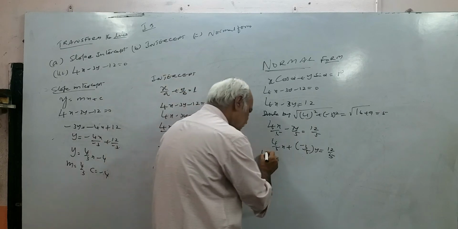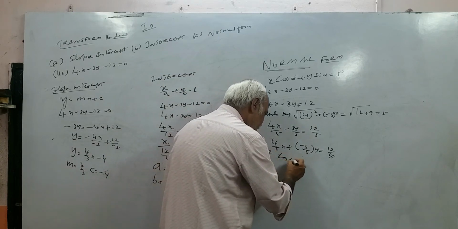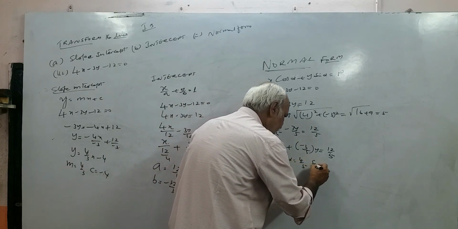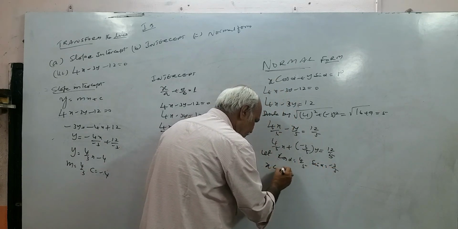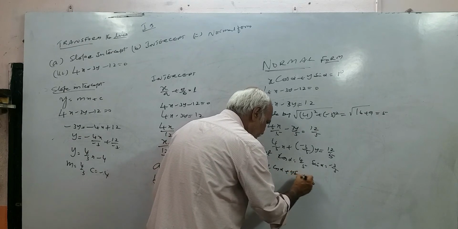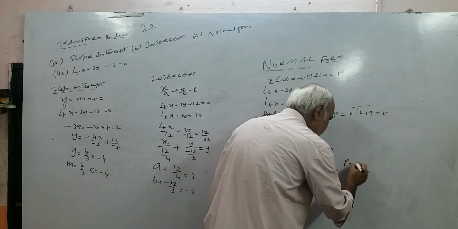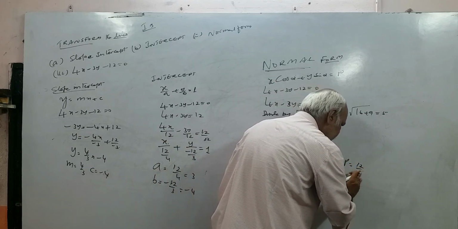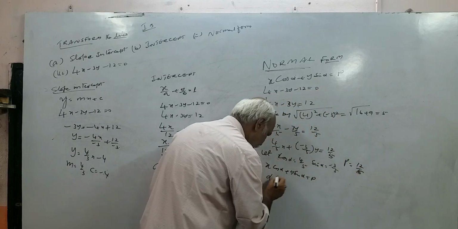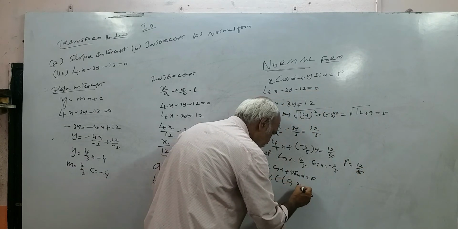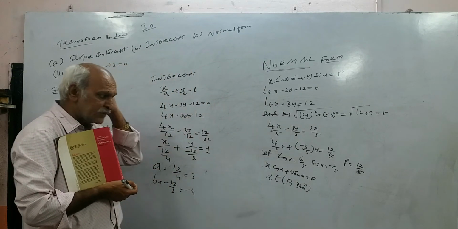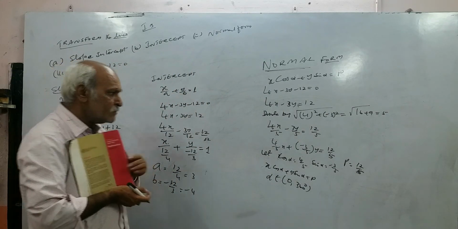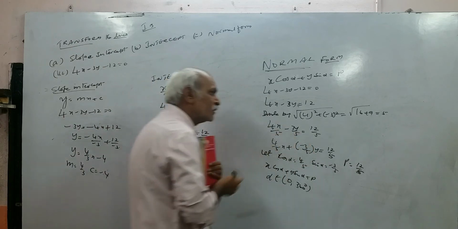So, let cos alpha is equal to 4 by 5, sin alpha is equal to minus 3 by 5. Therefore, x cos alpha plus y sin alpha is equal to p. Here, what is the p value? 12 by 5. Therefore, alpha belongs to 0 to 360. Okay. So, again, what is alpha? 0 to 360. Same concepts are divide theorem, simplify theorem. Okay. Please note down this.